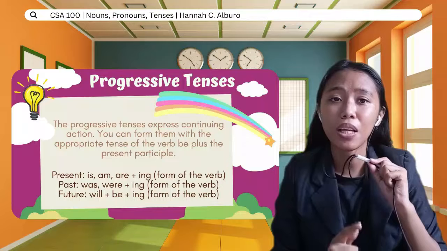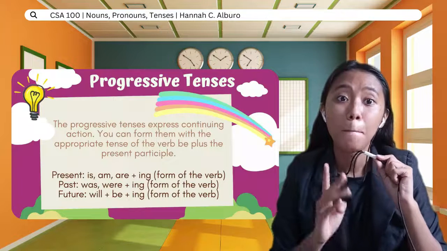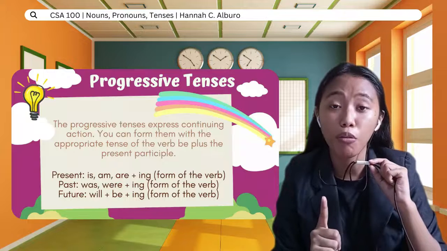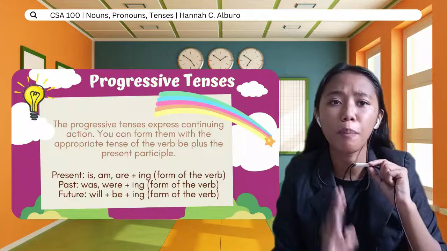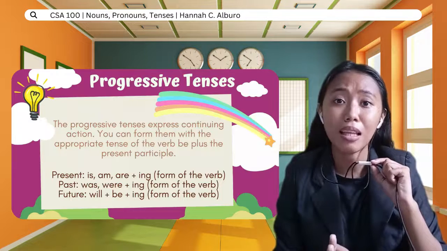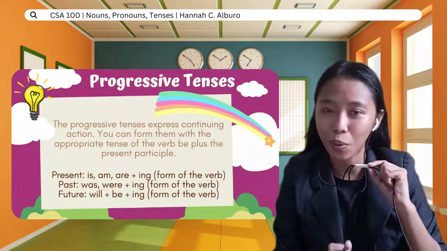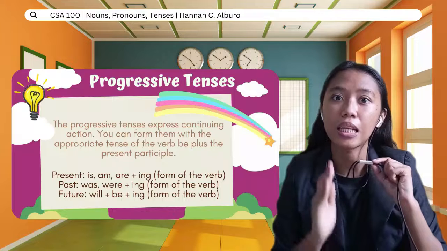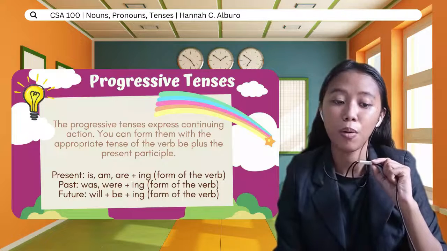For the present, the be verbs are is, am, or are, plus the ing form of the verb. For the past, of course, you still use a be verb: was and were, plus the ing form of the verb. Then for the future, of course, modal plus be, plus the ing form of the verb.